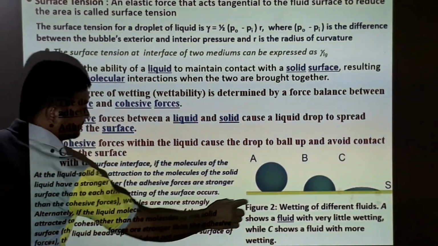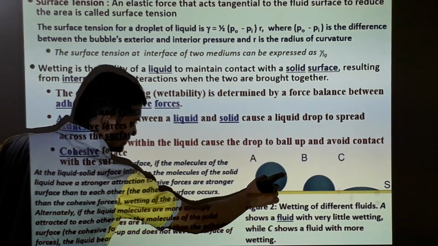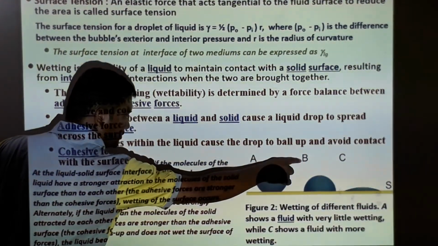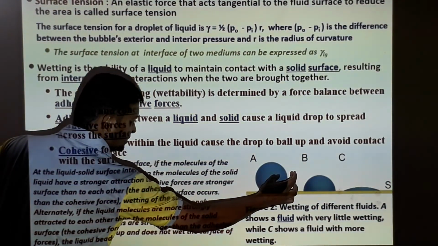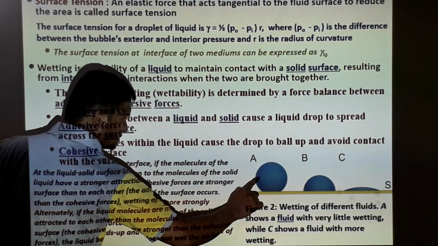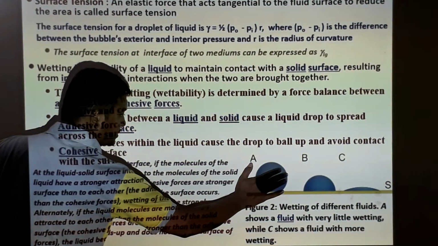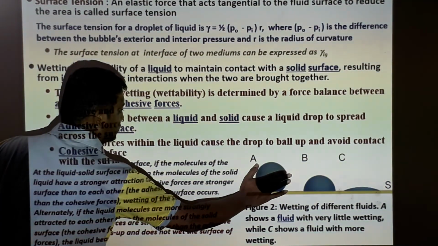Similarly, in a liquid, internal pressure acts in these directions and external pressure acts in these directions, and the difference of these two pressures multiplied by the radius gives you the net amount of surface tension that acts in the tangential direction to any fluid surface.